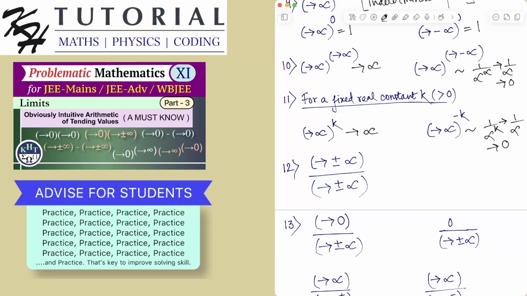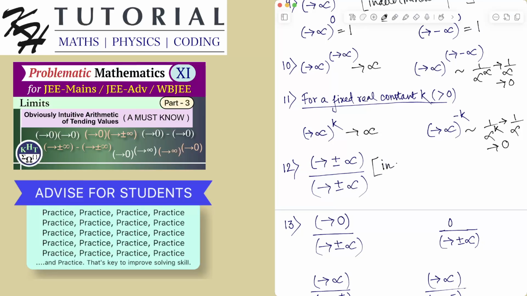Okay. 12th one is also very special. It is infinity by infinity. In the numerator it could be plus or minus infinity, and the denominator could also be plus or minus infinity. In all the 4 cases, this is an indeterminate form.